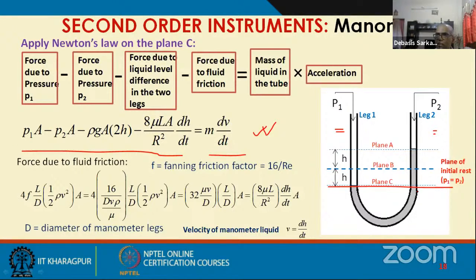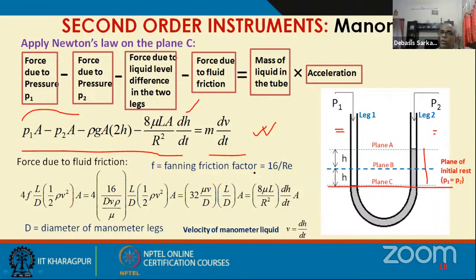You have seen the oscillation that takes place, right? And slowly it settles. Now, if you write down the force balance equation, you will be considering the forces due to pressure P1 and P2, then the force due to liquid level difference, and force due to fluid friction.